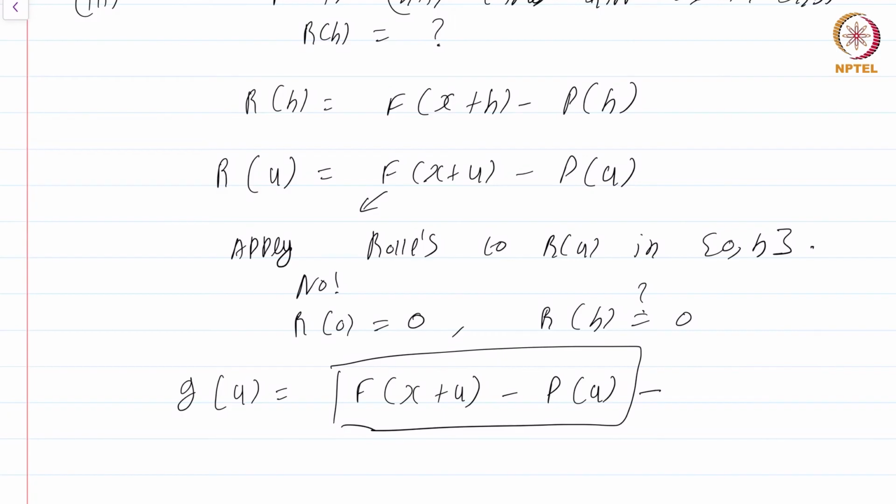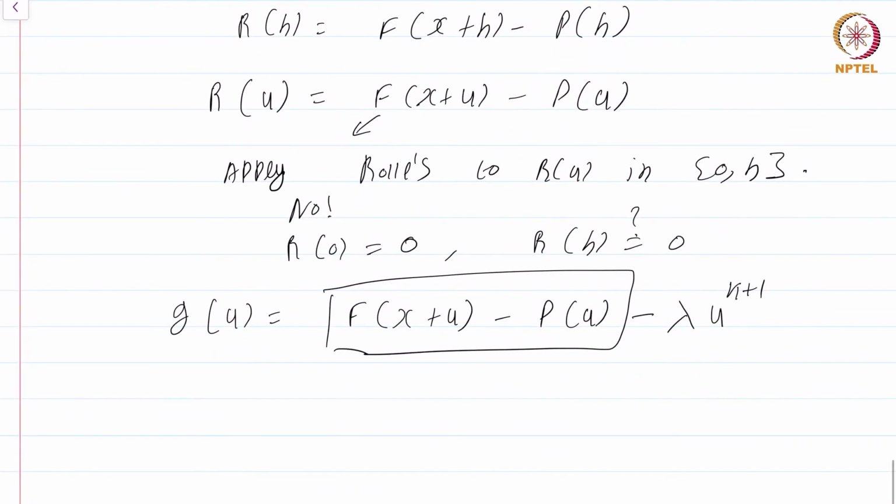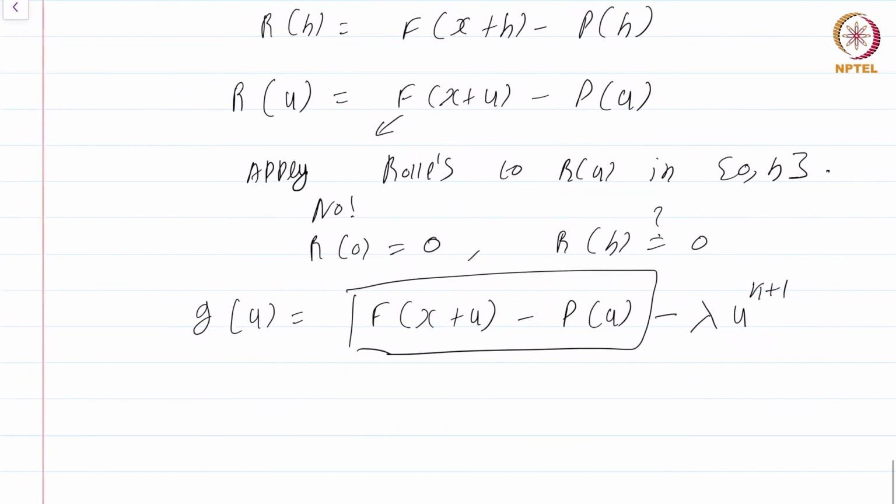If I want to make this g of u 0 at u equal to h, I don't want to touch the value of g at the point 0. So what I do is I subtract a quantity lambda. Lambda is going to be a constant which I am going to determine, times u^(k+1). Why did I do u^(k+1)? Because of the convenient property that at u equal to 0, the first k derivatives vanish.